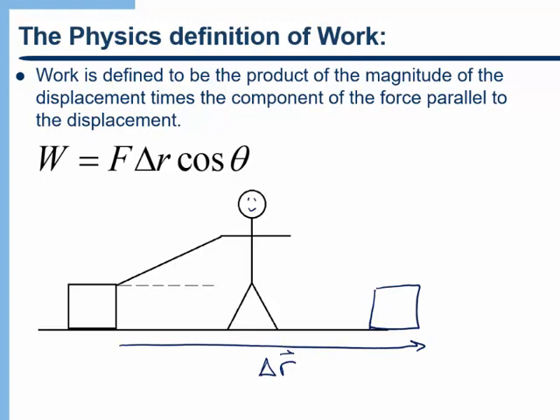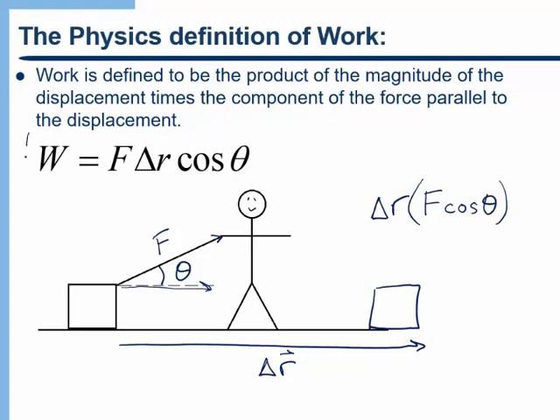Notice that our person is exerting a force at some angle with respect to the displacement. So what is the component of the force in the direction of motion? Well, it would be this component here, which you can see is F cosine theta. So if we take delta R and multiply it by F cosine theta, that's our definition of work.